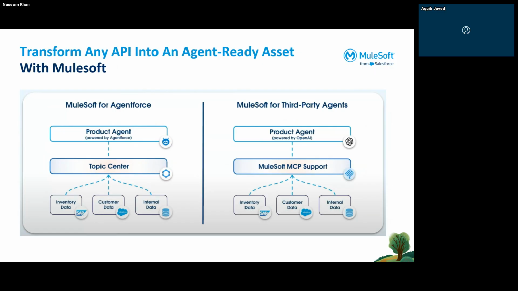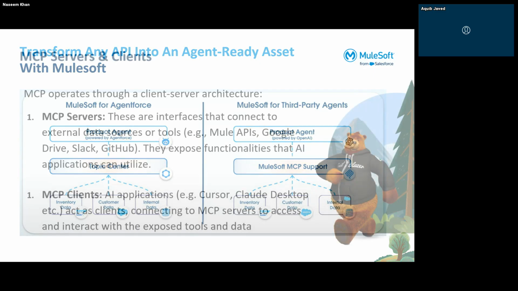It works on the underlying HTTP listener configuration, but on top of that, we have to configure the MCP server configuration, which is used to connect with the agent. So any API we can expose as a MuleSoft MCP server to be consumed by the client.